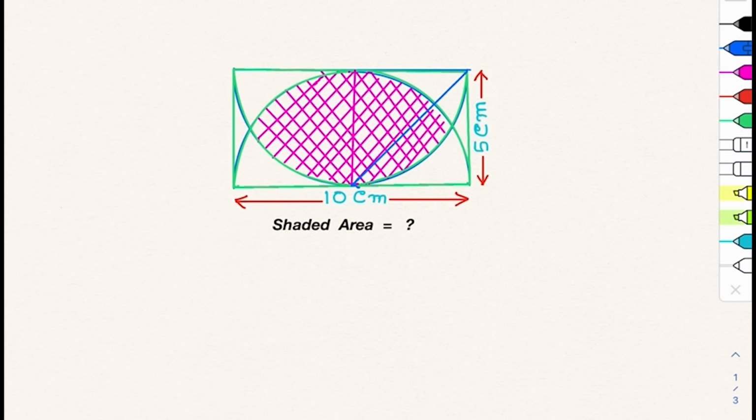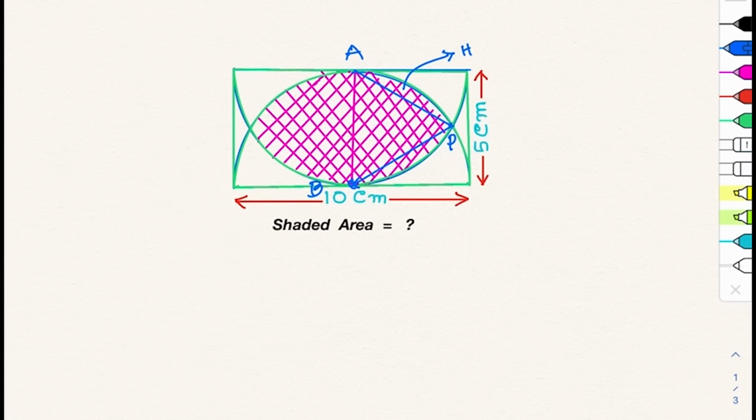A thin portion is here, that is I think H, and here A, P, and here B. This is B, this is A, and this is P.